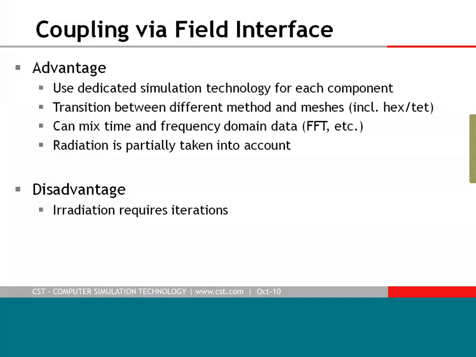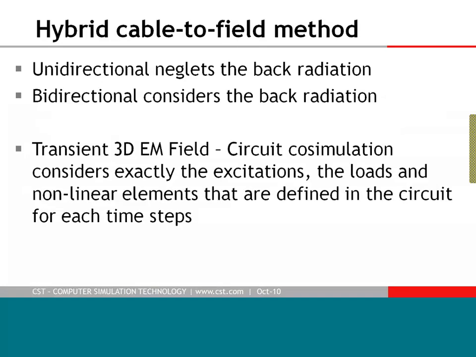That's why what we strongly recommend to do with the cable is a so-called co-simulation, or hybrid cable-to-field method. With a hybrid cable-to-field method, we substitute the cable with the field. We can have a unidirectional coupling, or we can have a bidirectional coupling.